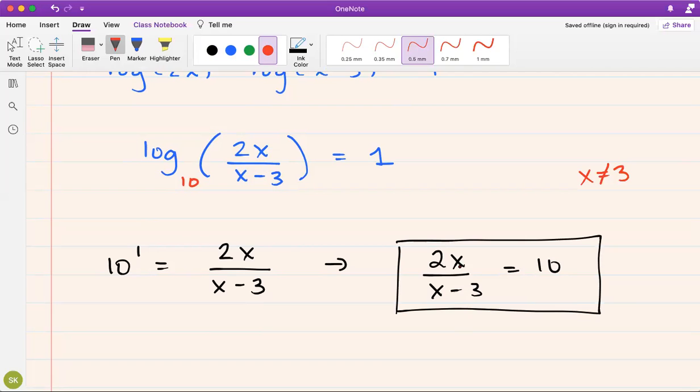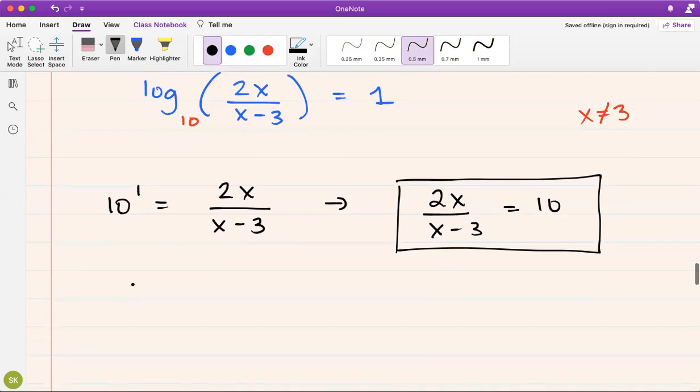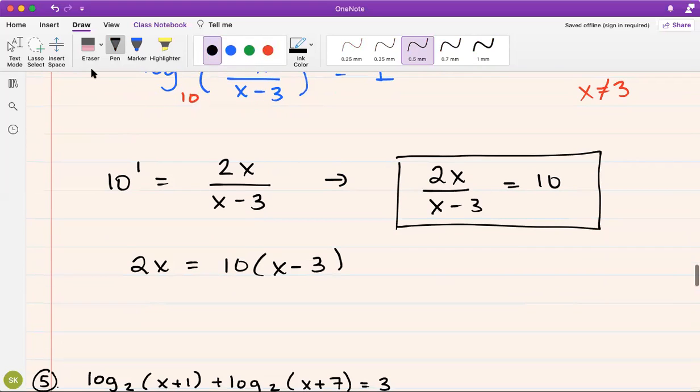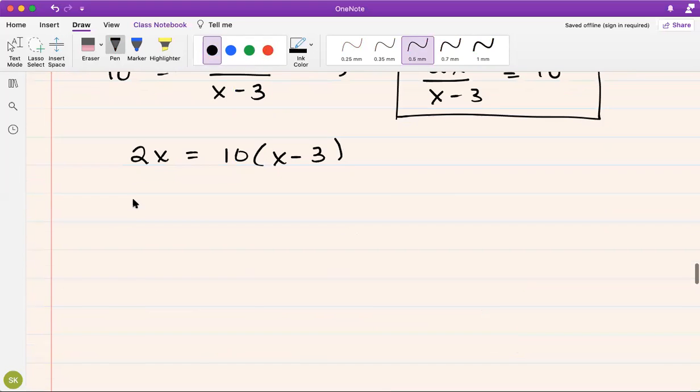What you can do to solve this is you can multiply both sides by x minus 3. So we get 2x is equal to 10 times x minus 3, or in other words, 2x is equal to 10x minus 30. And then from there, we can move the 10x to the other side.